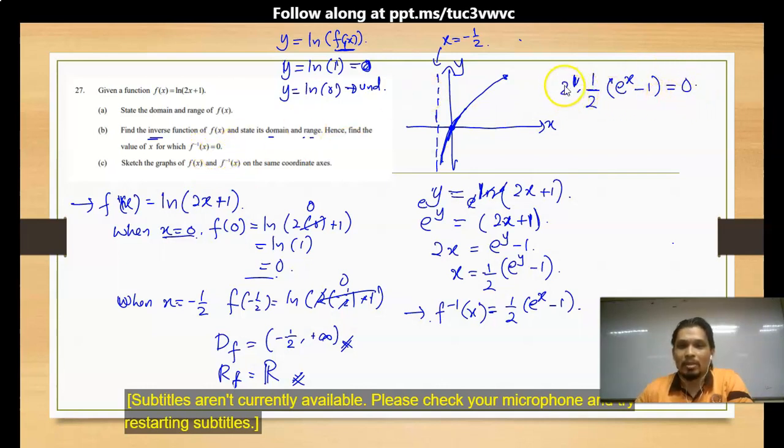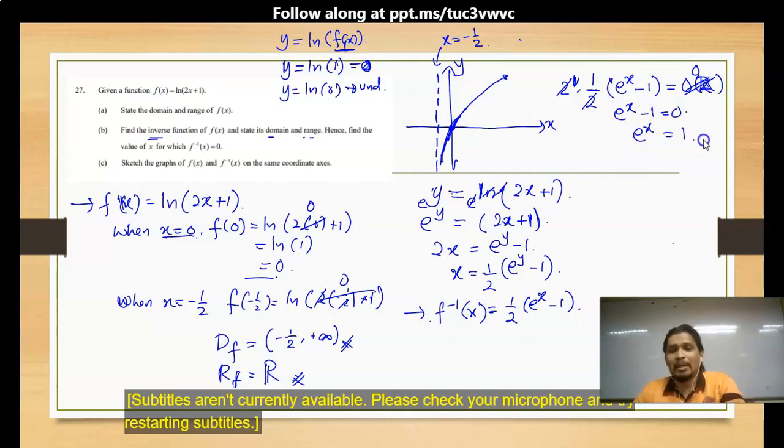So multiply with 2 here and multiply with 2 here. Multiply with 2 still gives us 0. Then e^x minus 1 equals 0, then e to the power of x equals 1.